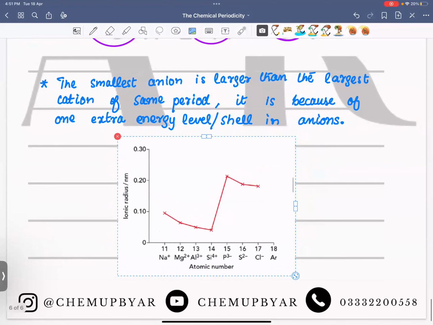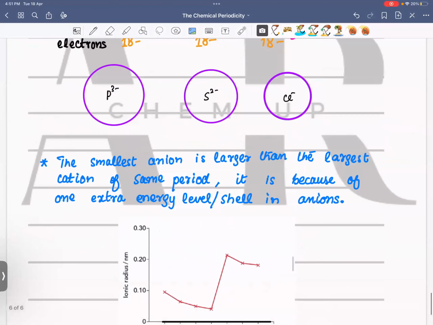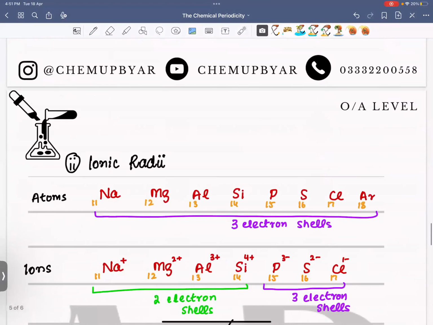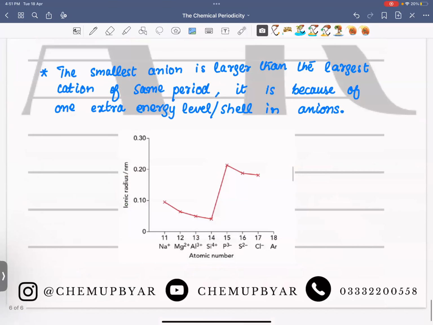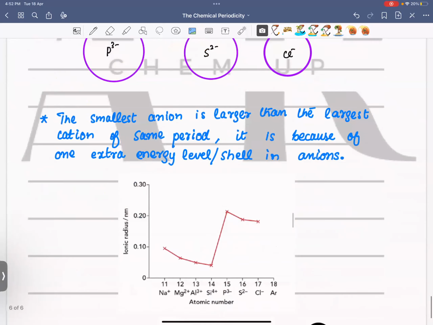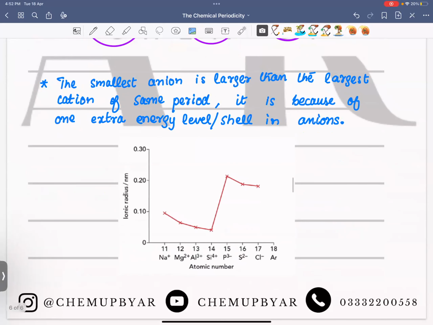So the graph would be like this. We have discussed the graph over here in the atomic radii. Here, there is a graph for ionic radii. Okay, is this graph clear to everyone? Yes. Okay.